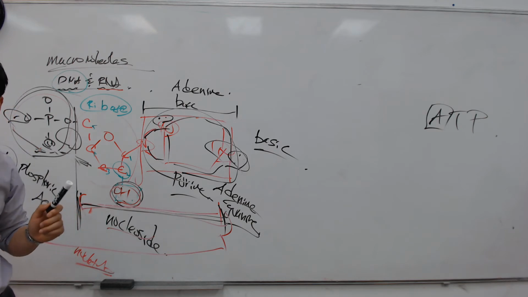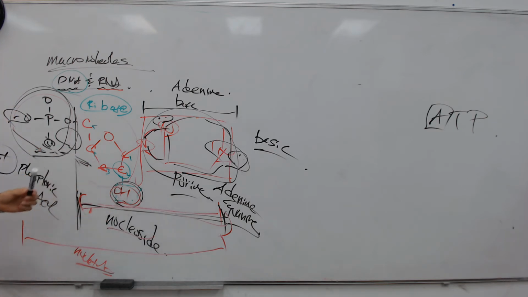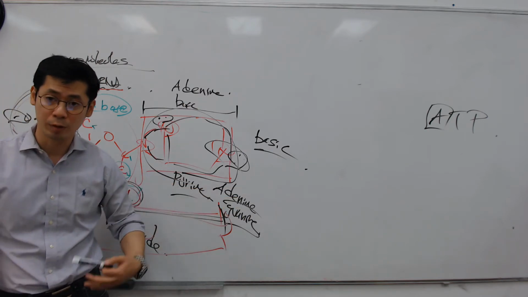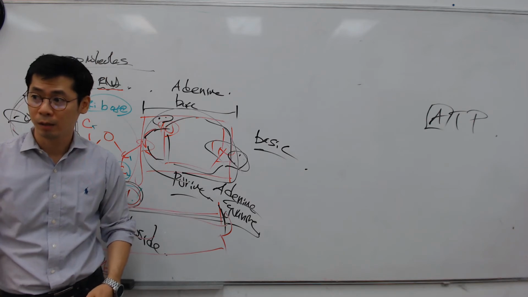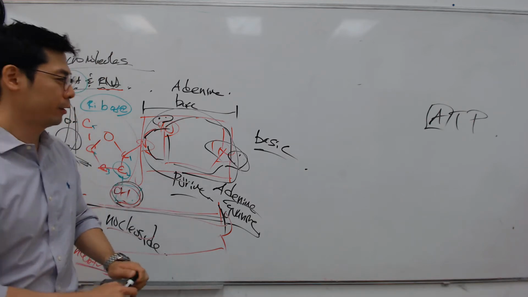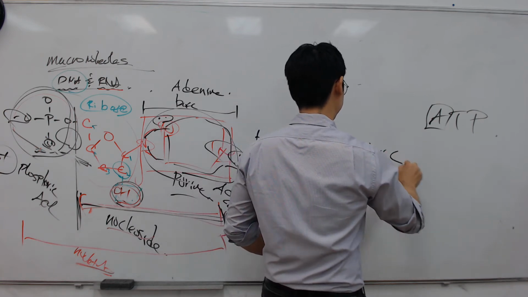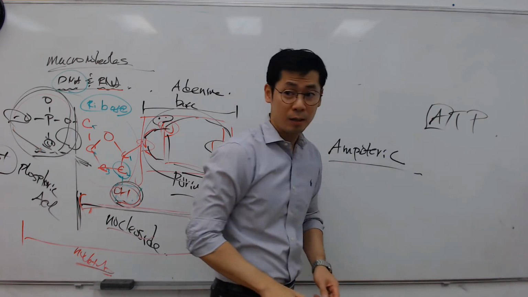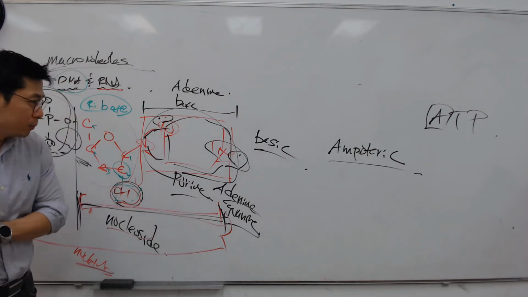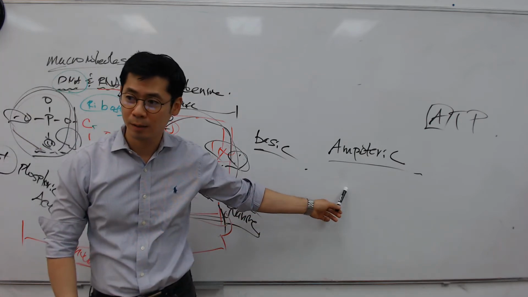What do we call, in bio or even in chem, a molecule that has both acidic and basic sides? Amphoteric, yes, exactly. It's called amphoterism. But in bio, they don't like to use this term.